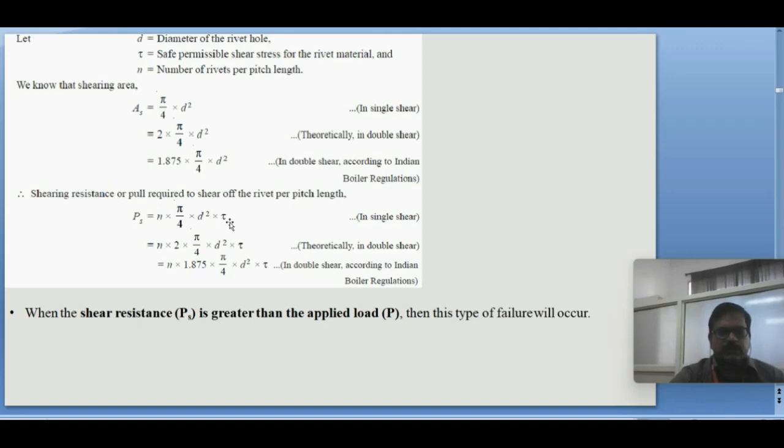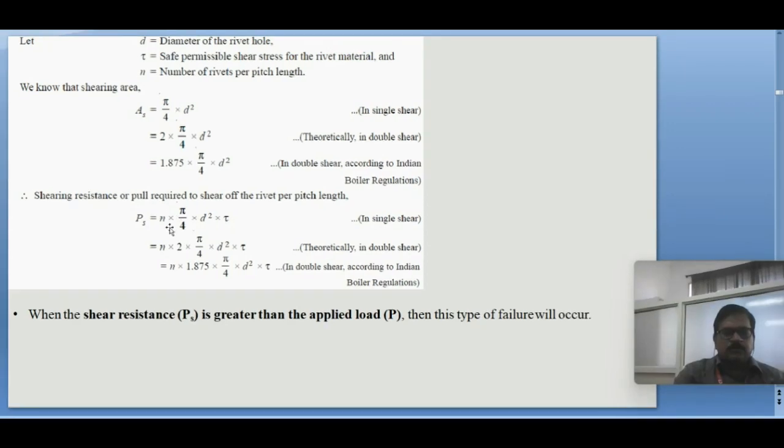Whereas, n is the number of rivets per pitch length. In a single shear, the shearing resistance, or the pull required to shear off the rivets for pitch length, is n into π/4 d square into tau.